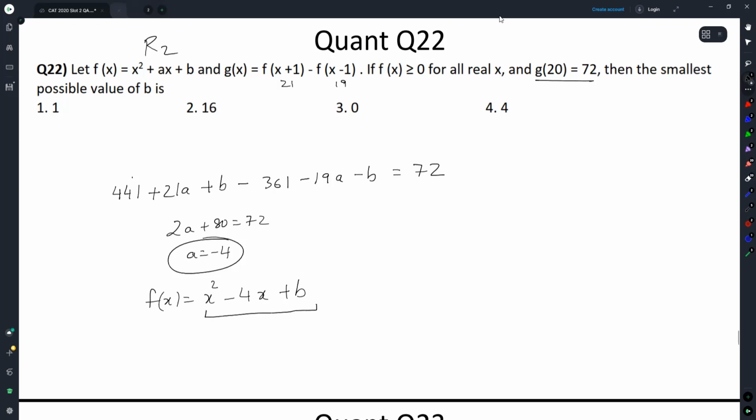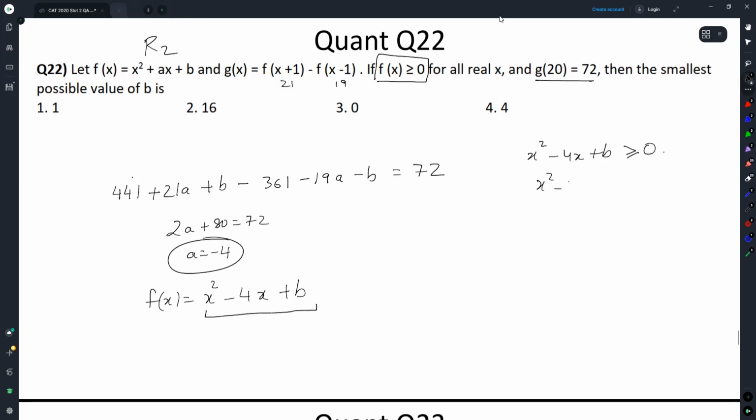Okay, the chat is telling me, this is not my inference, the chat is telling me I have to use this: f(x) is greater than or equal to 0. So x squared minus 4x plus b has to be greater than or equal to 0.